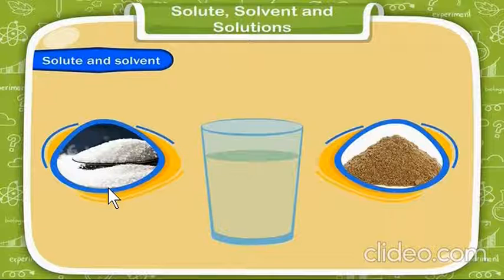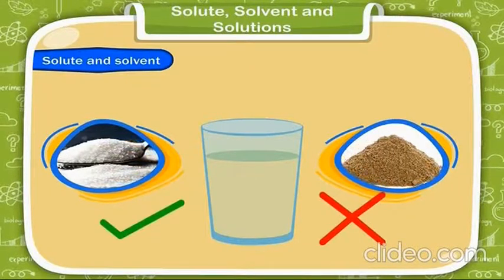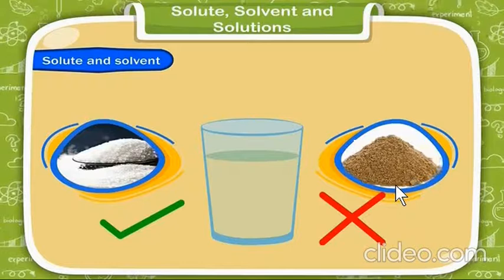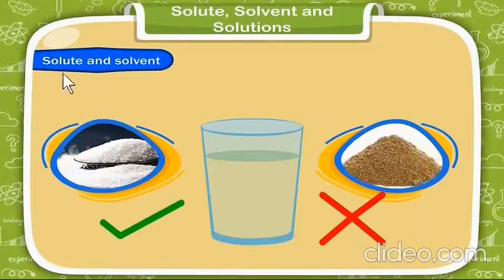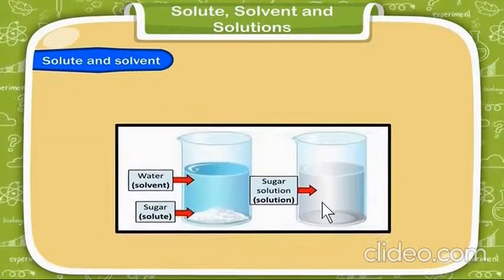When you mix them together with the solvent, they can be easily found. They will be suspended in the mixture, right? The substances which get dissolved are called soluble, and the substances which do not get dissolved are called insoluble solutes. Then when we mix these two substances, solute and solvent, they form a solution.